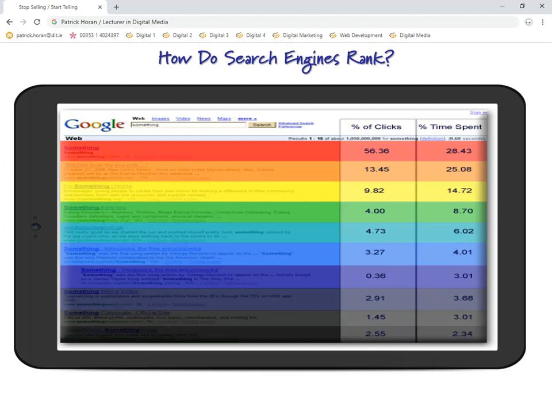Now, what is interesting about this, and this is human nature as well, you can see on the sixth one down here that it goes from 3.27 to the seventh one, is it 7.1 or 6.1, goes to 0.36. So it drops right off to under 1% of the clicks and then picks up again. Now this is quite common, and you'll notice yourself doing this from time to time.